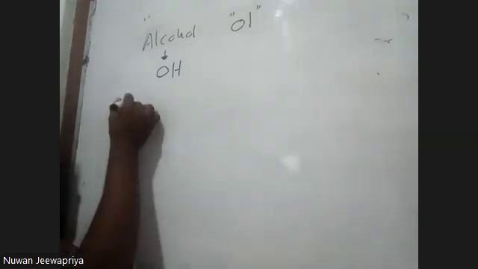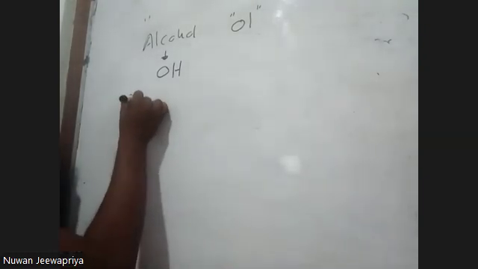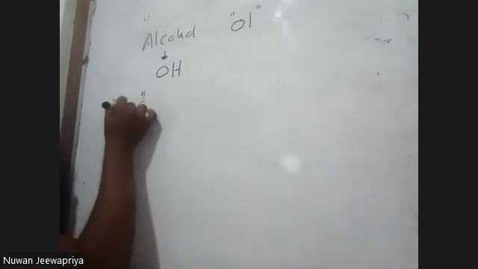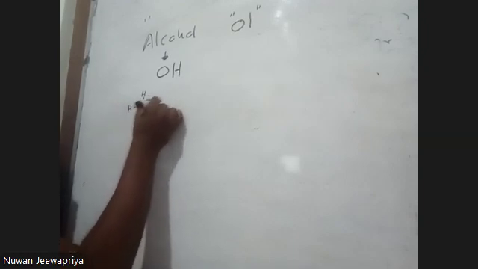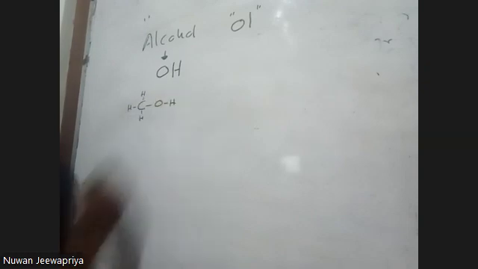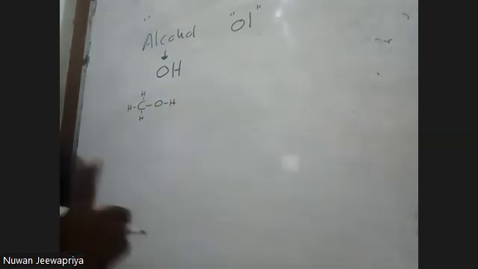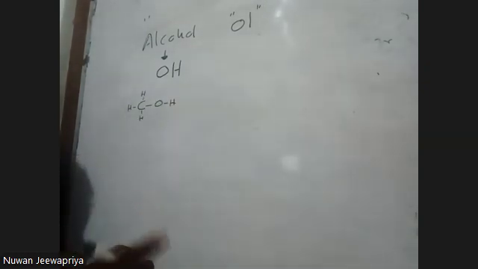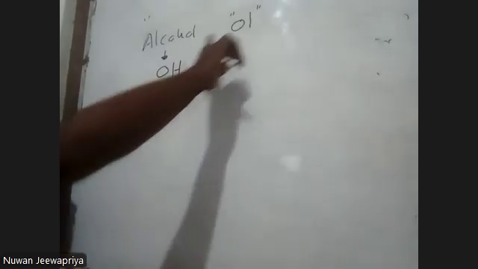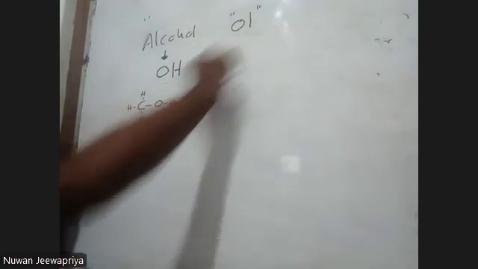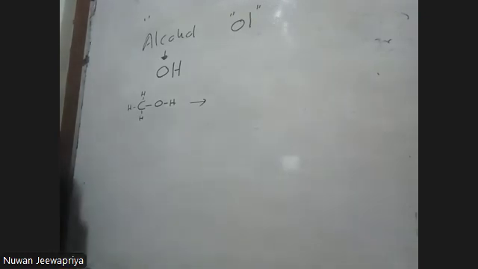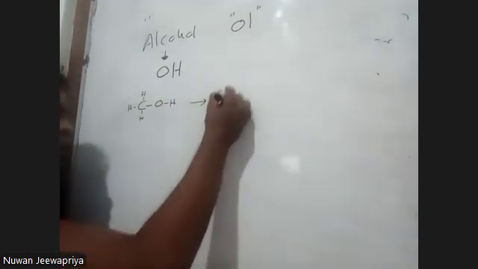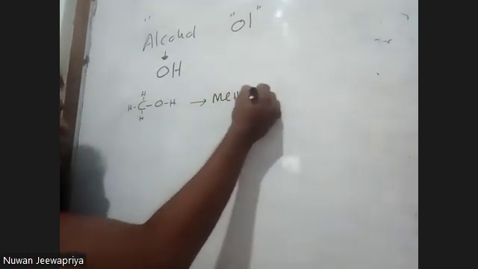The simplest alcohol in this world is one carbon alcohol. So one carbon, methane. Alcohol finishes its name with ol. Methane ol. Methanol.